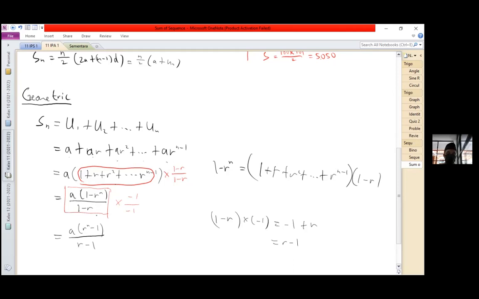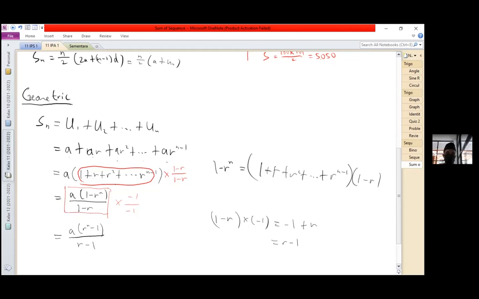But that doesn't mean you cannot use the other one. It doesn't really matter which one you use, because you will get the same thing.